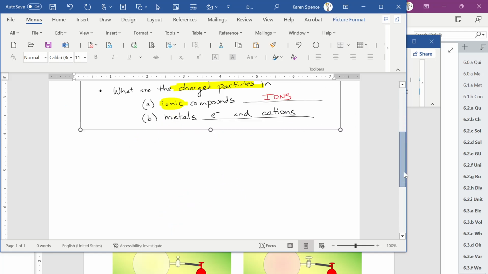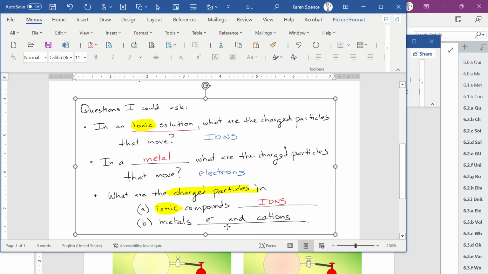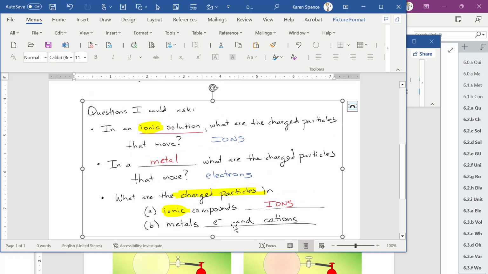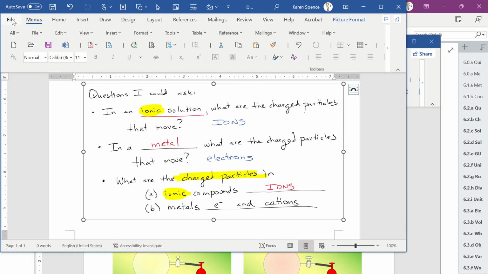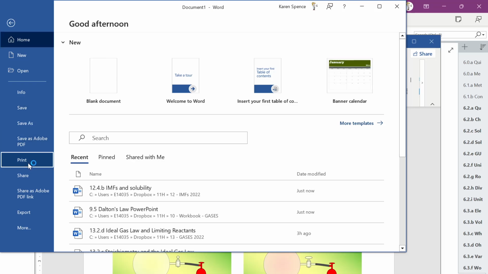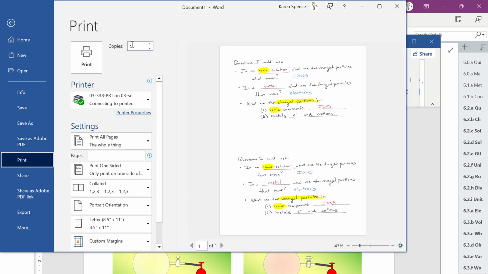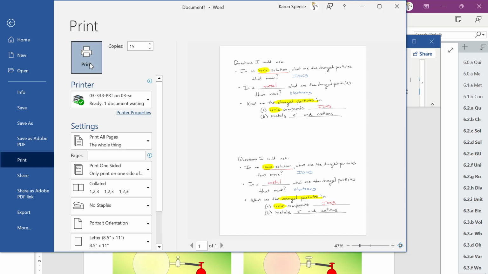Would you like a mug? You can go to the water fountain. Okay. And I'm just going to press print on this. File, print, and I want 15. There we go.